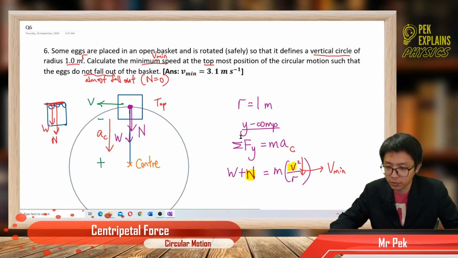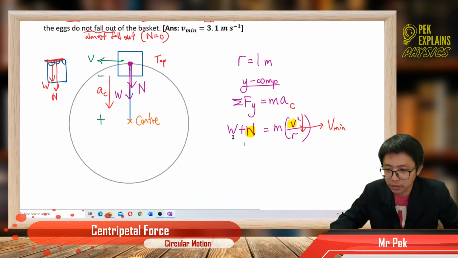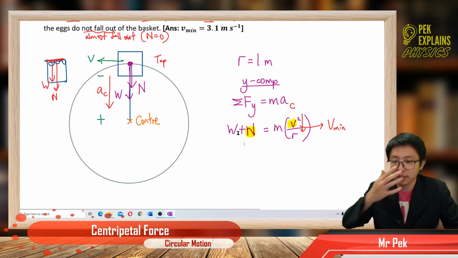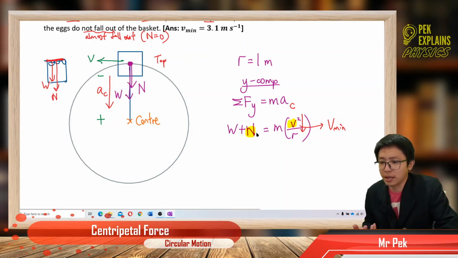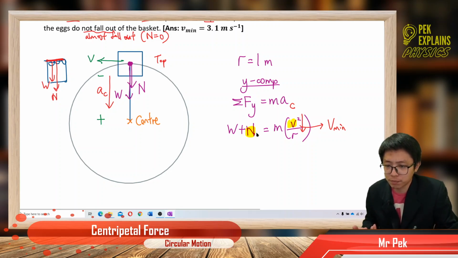In this equation, the weight is constant, the mass is constant, and the radius of the circle is constant. The speed changes. When the speed decreases, the normal force also decreases.